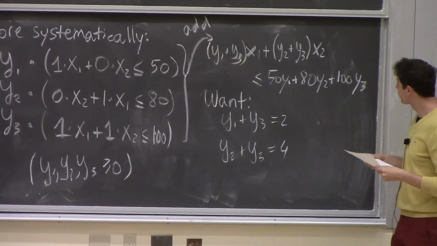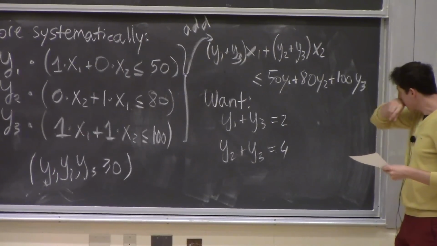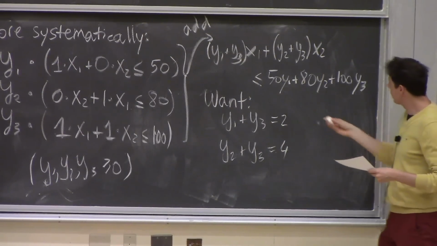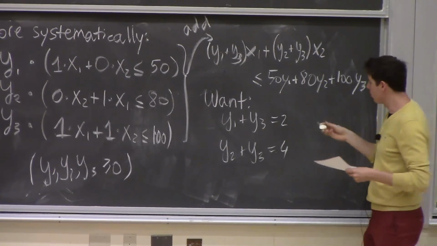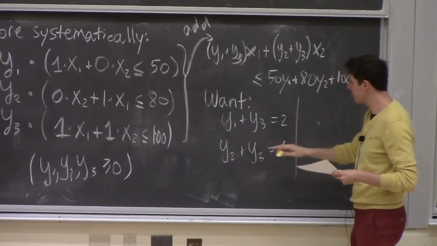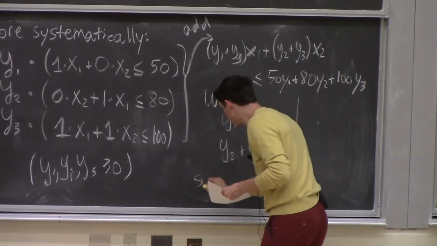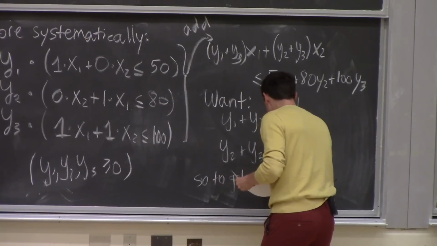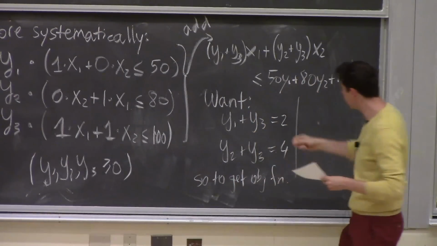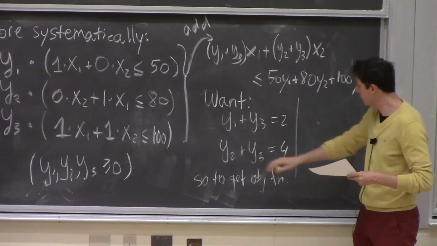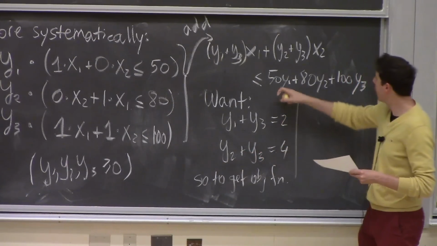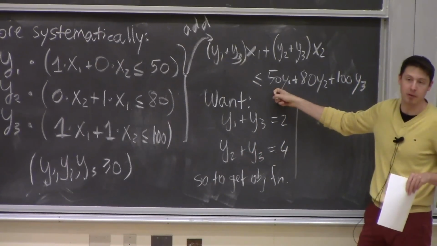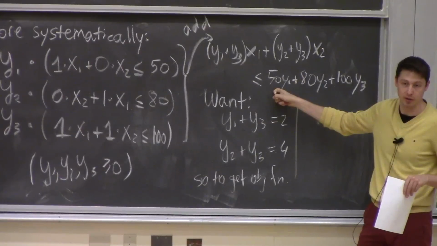So that's one thing, to get the objective function. Okay, so anytime y1 plus y3 equals 2 and y2 plus y3 equals 4, I will get some upper bound on the objective function, right?